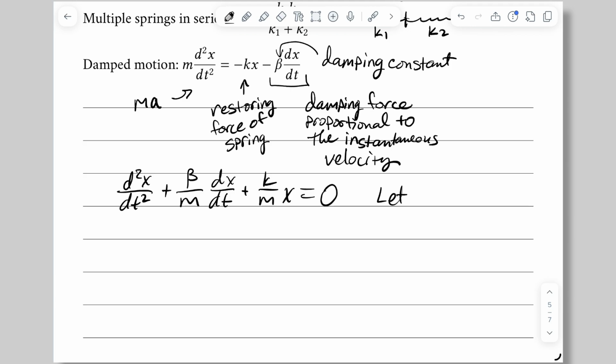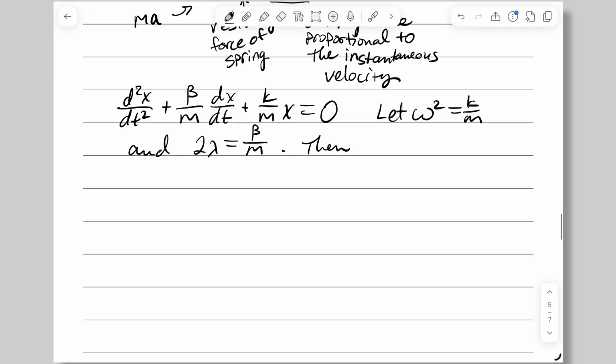As before, we're going to let omega squared equal k over m, and we're going to let 2 lambda represent beta over m. Why 2 lambda? You'll see. Then our equation becomes d2x/dt2 plus 2 lambda dx/dt plus omega squared x is equal to 0.